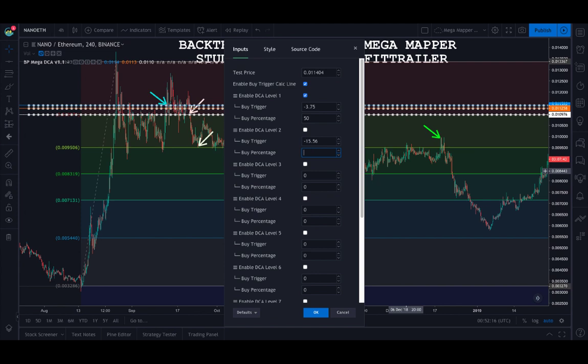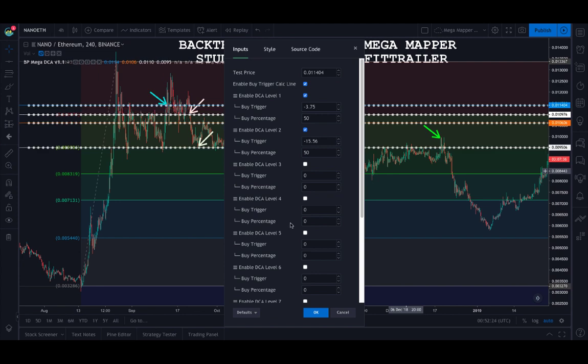Again, we'll just buy half as much again of the holding, turn it on so we can see it, and there you go.